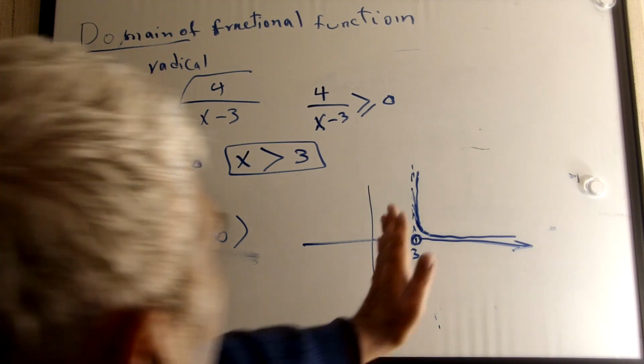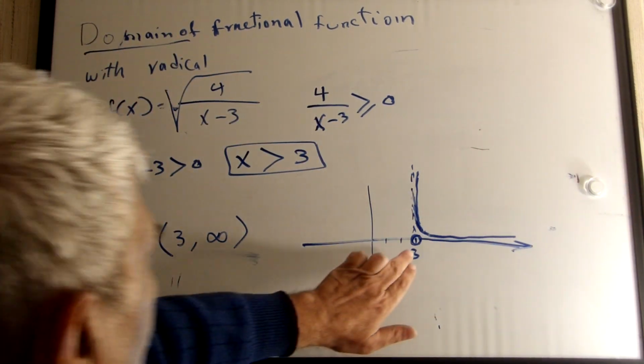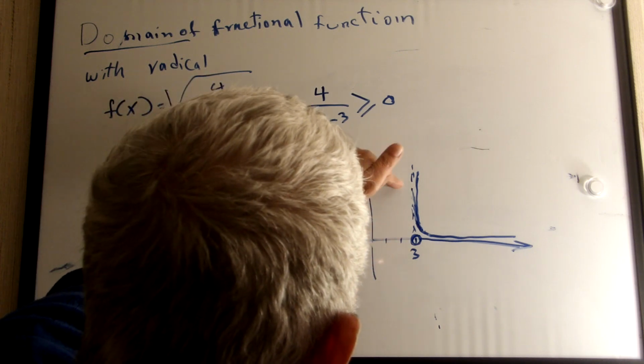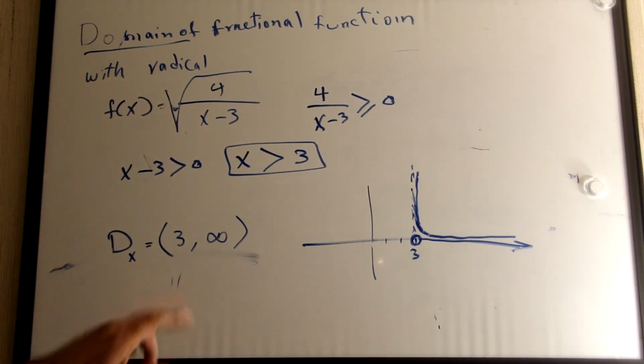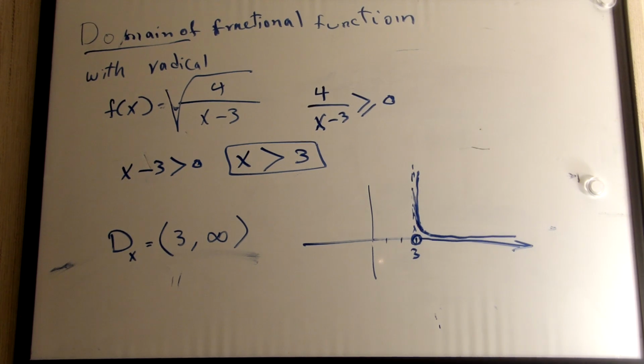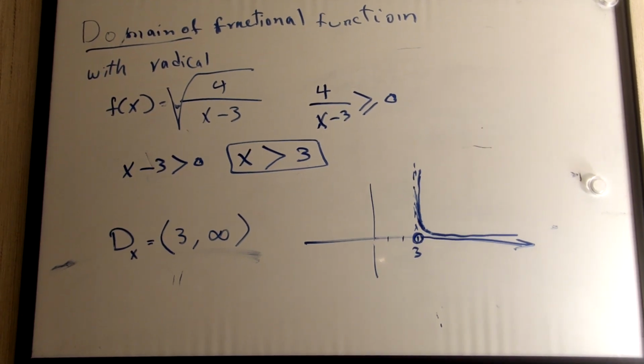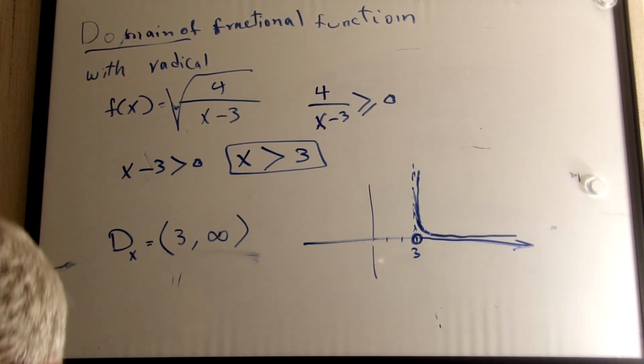You can give any value larger than 3, but you cannot give this value because if you give this x value, you cannot find the y value for that. That's why it's like this. So there are a few more examples.